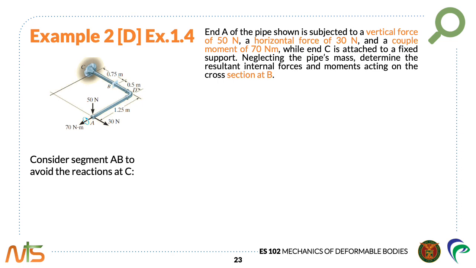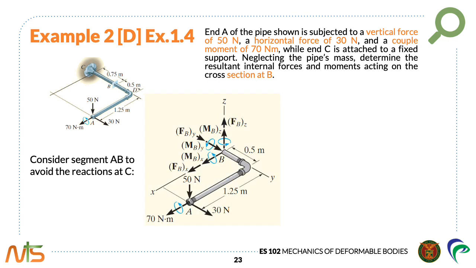By cutting the pipe at an imaginary section B and drawing the FBD for segment AB, the resultant internal forces and moments are shown. The XYZ axes are established at B. The resultant force and moment components at the section are assumed to act in the positive coordinate directions and to pass through the centroid of the cross-sectional area at B. Recall the sign convention that we have established earlier in our discussion.